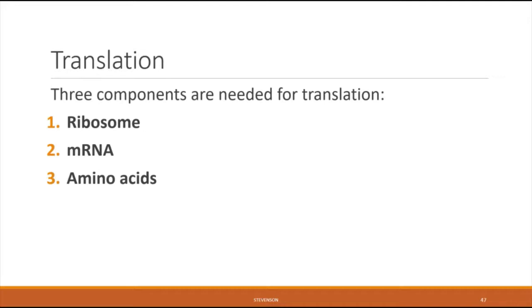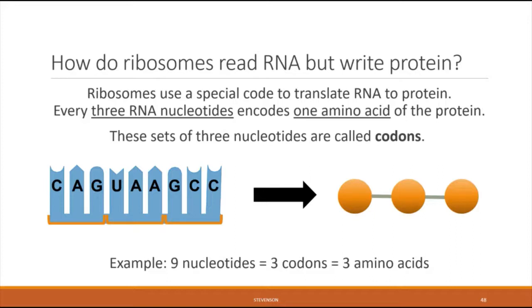Ribosomes are talented in that they can actually read one language but write another language. They can read RNA, but they can write in protein. The ribosomes do this because they have a special decoding mechanism that allows them to figure out which amino acid should be incorporated into the protein structure based upon the words that it is reading in the RNA message.